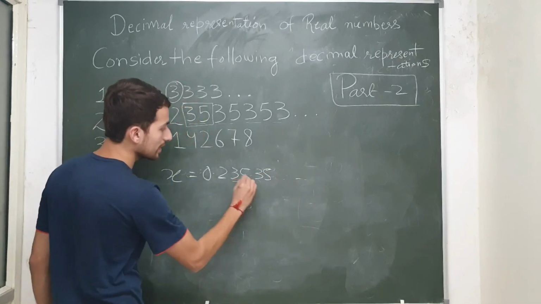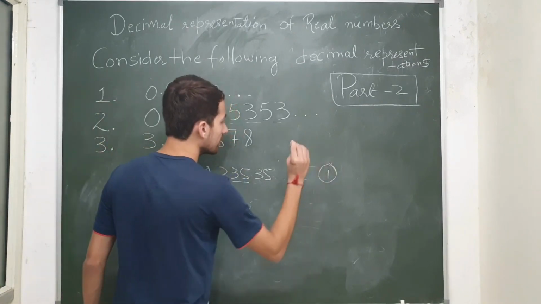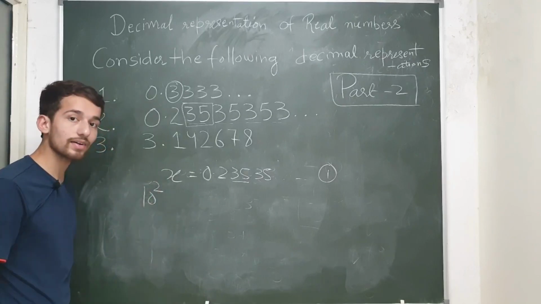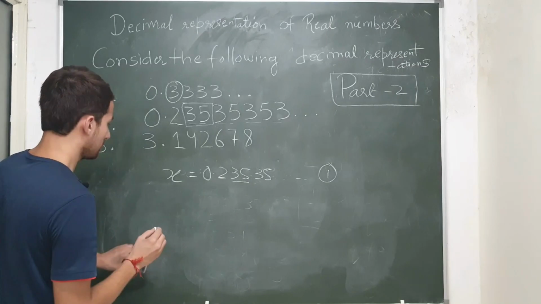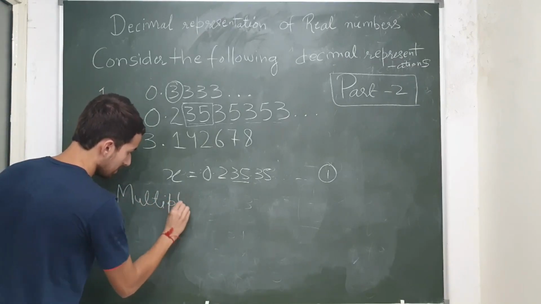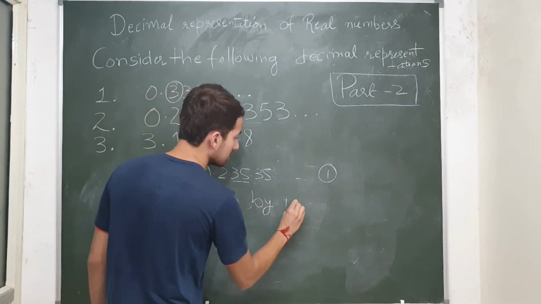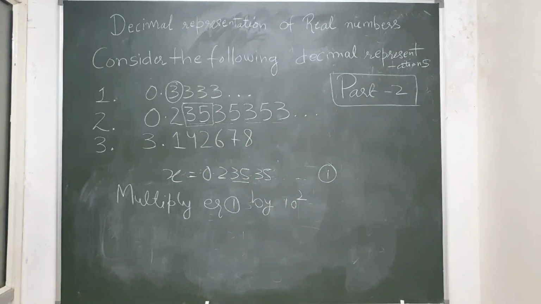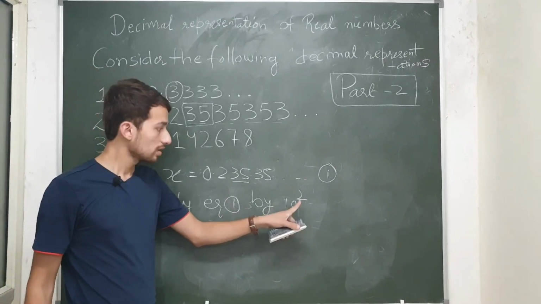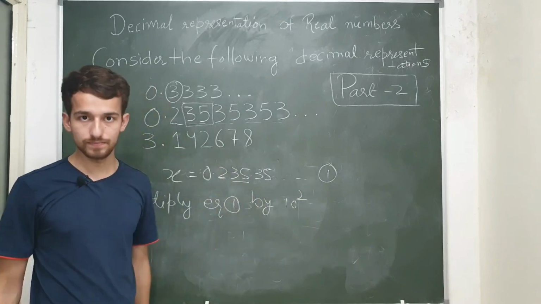Because two digits are repeating, I will multiply equation 1 by 10 raised to the power 2, because the exponent will be the number of digits repeating.